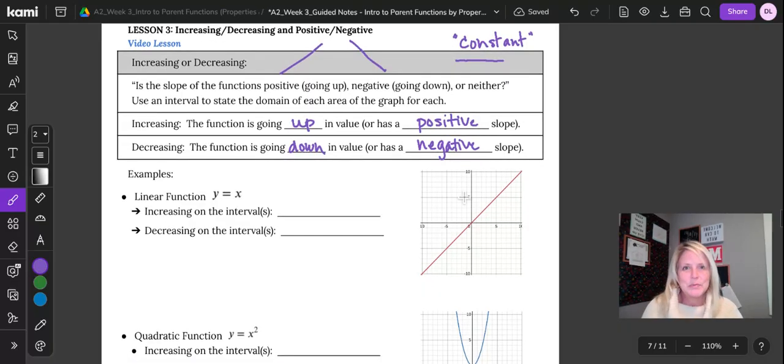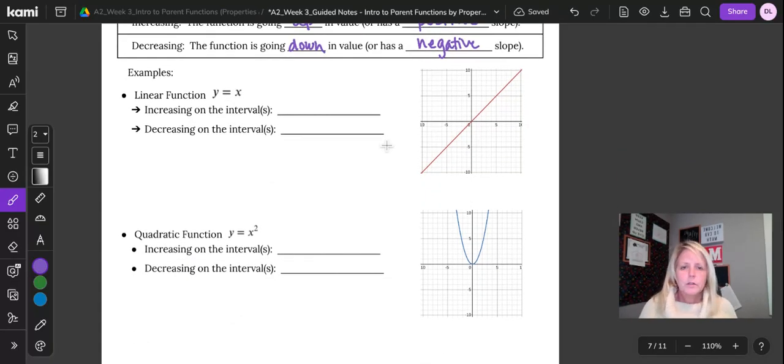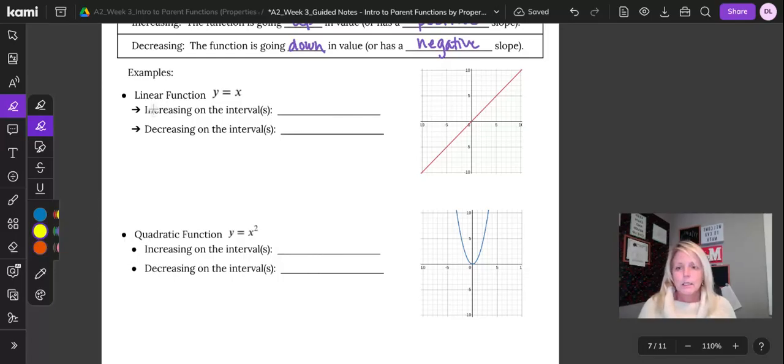Okay, let's look at some examples. With our linear function, increasing on the interval. So again, we're looking for that interval notation, okay? For this case, increasing means a positive slope. So I'm looking for that positive slope, which would be the entire graph. If I highlight increasing with yellow, that is the one that has a positive slope to it.